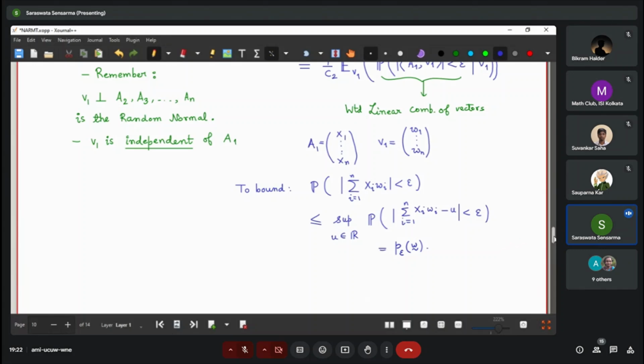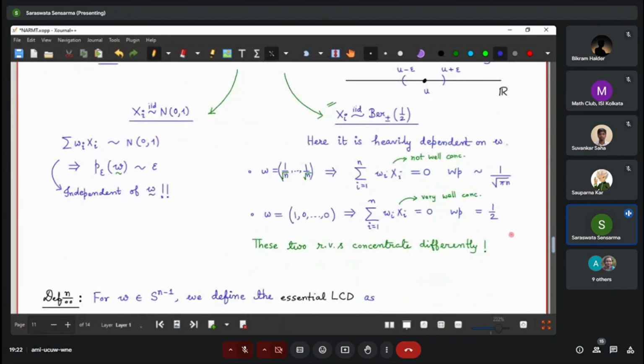Okay. So working with these linear combinations of weighted random variables is the topic. It is called Littlewood-Offord theory, or the Littlewood-Offord problem. This was classically answered by Littlewood and Offord, and then a lot of other people came and made significant contributions to it.